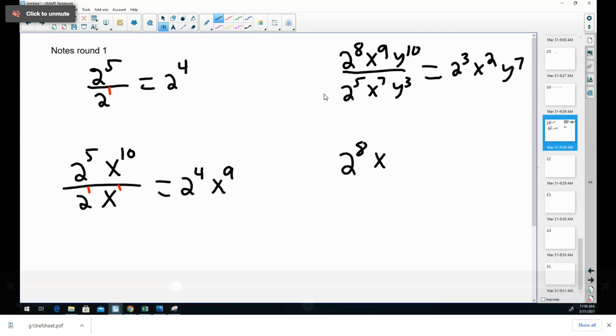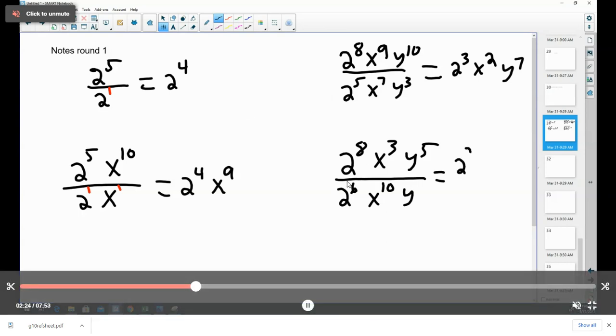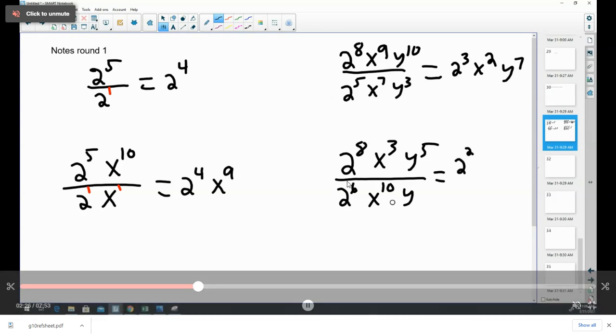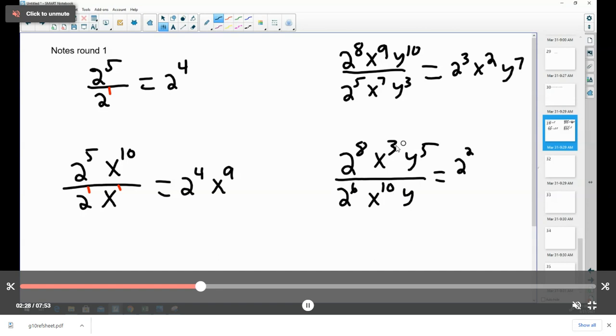But sometimes you can't cancel out the fraction. So if we had 2 to the 8th, x to the 3rd, y to the 5th, and then we had 2 to the 6th, x to the 10th, y to the, just y. So we have 8 minus 6 is 2 squared. Now we have 10 minus 3 is 7, but 10 is bigger, so that 7 is going to go on bottom.